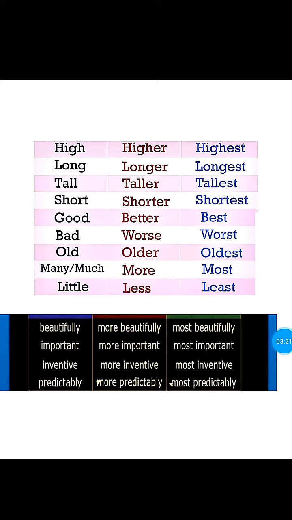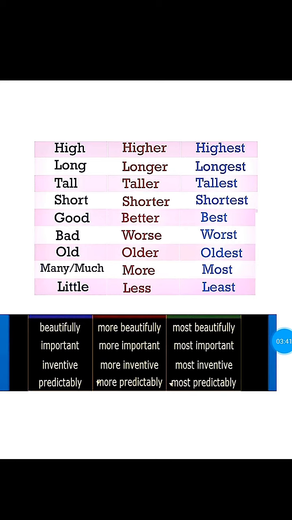For some adjectives, there is some variation, like good. Good is positive degree, better is comparative degree, best is the superlative degree. Like that, bad. Bad, positive; worse, comparative; worst, superlative.